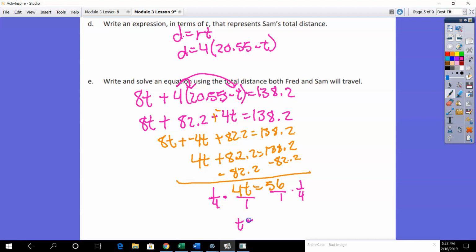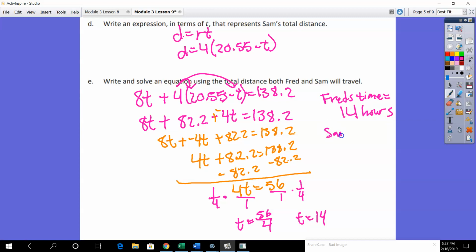Leaves me with t is equal to 56 over 4. So t is equal to 14. So remember, t was Fred's time. 14 hours. So then what's left over is Sam's time.